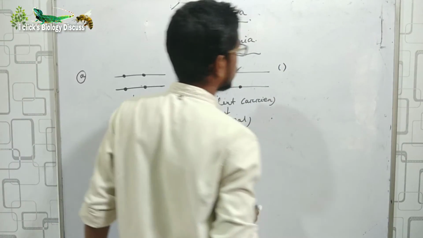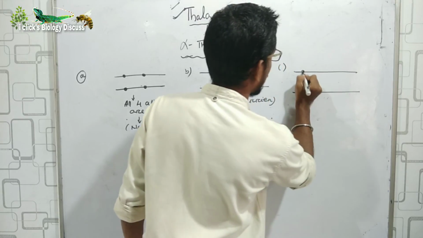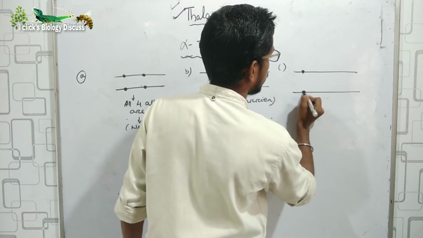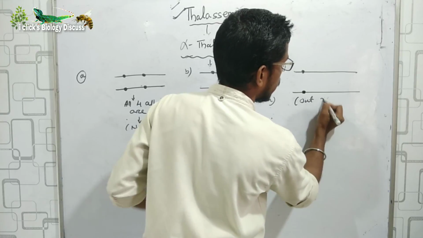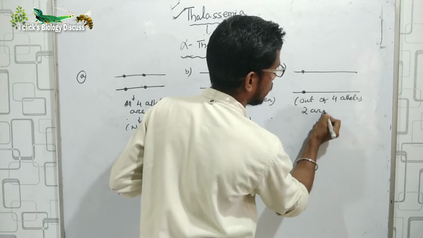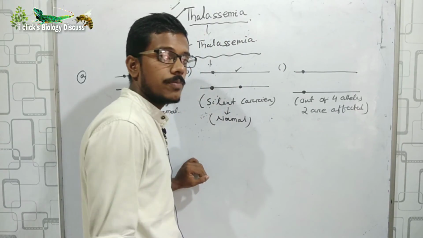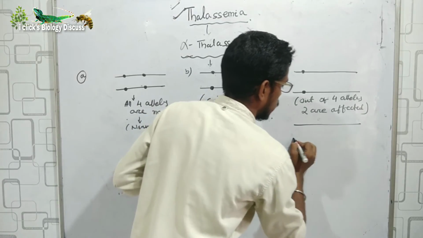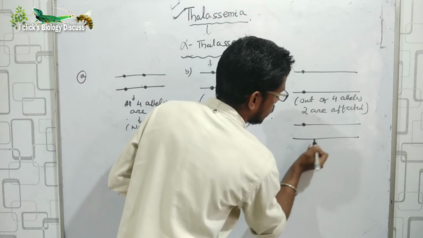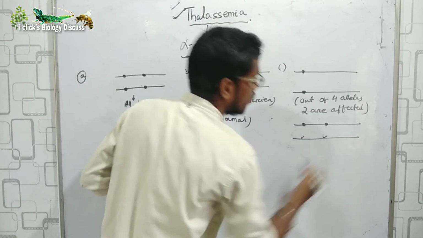Third condition. Here, out of 4 alleles, 2 are affected or mutated. And it may occur in this condition also. Here the affected or mutated alleles are in the same chromosome.